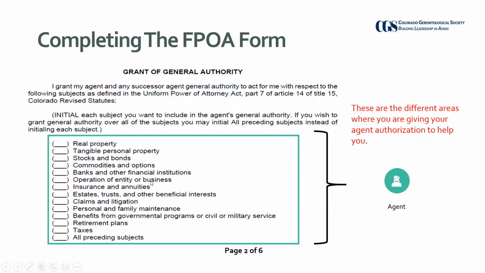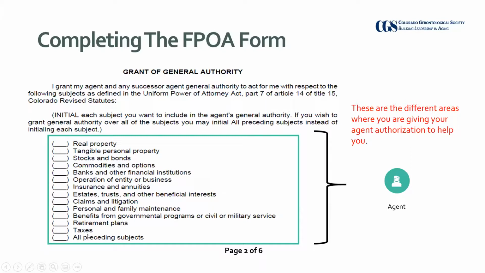If you have a business, so operation of an entity or business, insurance and annuities. If you have an estate, trusts and other financial interests, claims and litigation, personal and family maintenance, benefits from governmental programs or civil or military service, retirement plans, taxes.